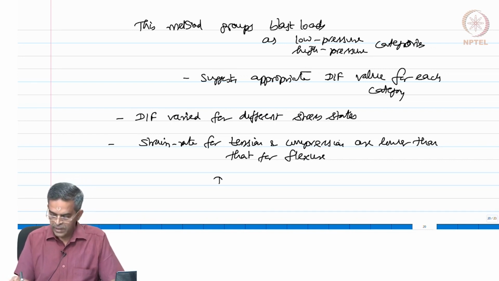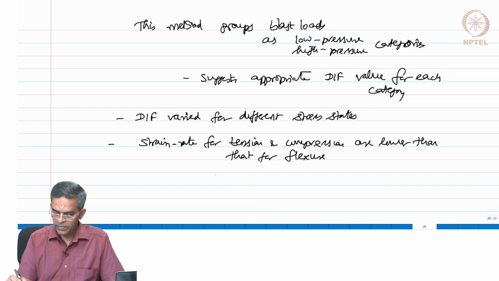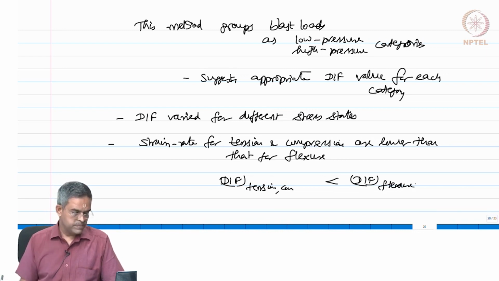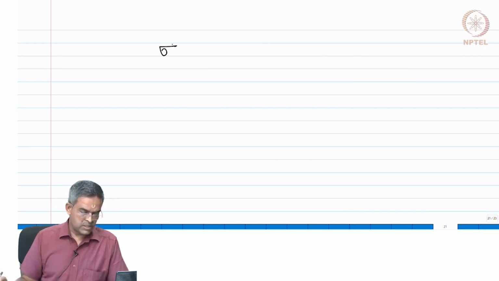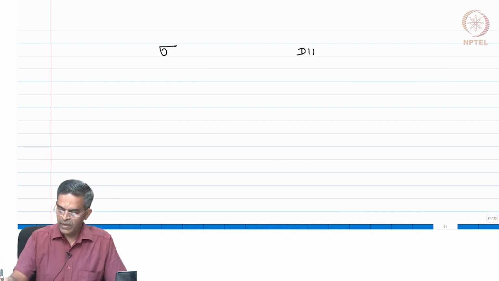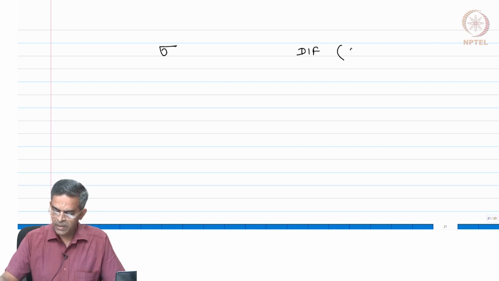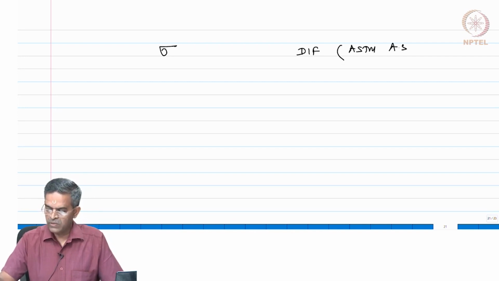Therefore, DIF values for tension and compression are lesser than DIF values for flexure. So, there is an advice given by the code depending upon the stress, the DIF value suggested as per ASTM A36 steel, A514 steel.